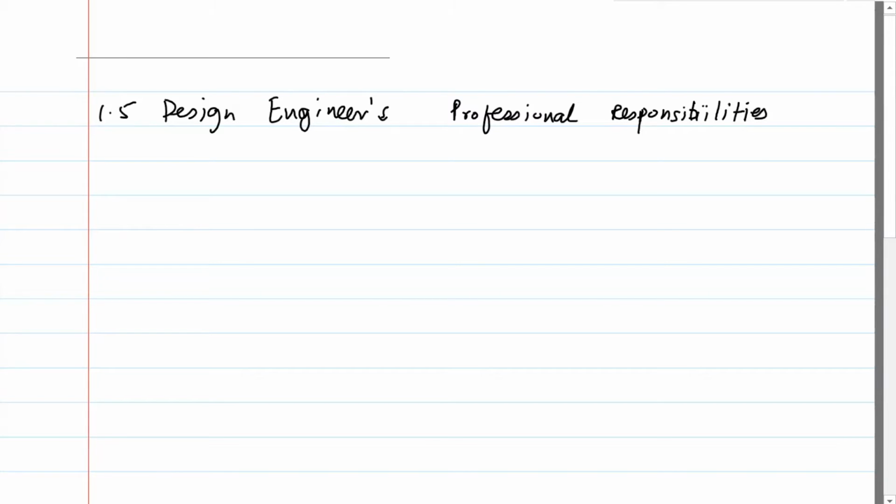This is a commonly overlooked thing in education as well as in industry, but it's very important that you know what your responsibilities are as engineers and abide by them. One of the responsibilities is clearly satisfaction of client needs.